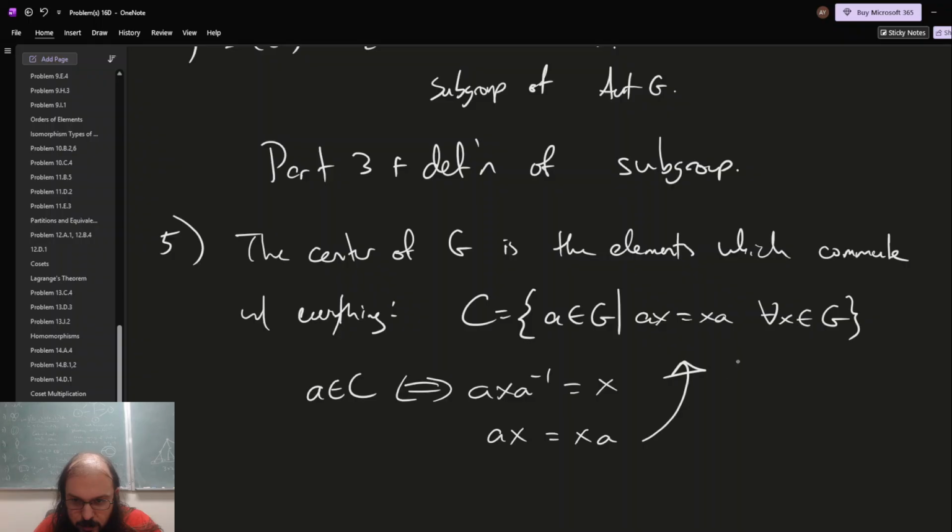And so this is also supposed to be for every X in G, but I think you guys know that. And so this is just the definition. You're in the center when conjugation fixes you.